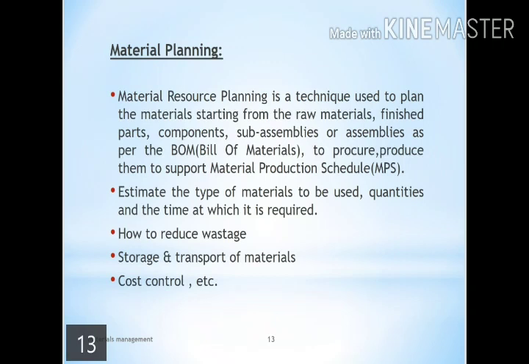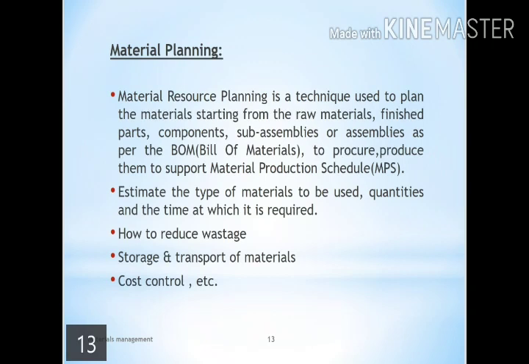As we all know, the management function of planning is to estimate what we are going to do, how we are going to do it, and when we are going to do it. So estimating the type of materials, quantities and the time at which they are required is planning of materials.